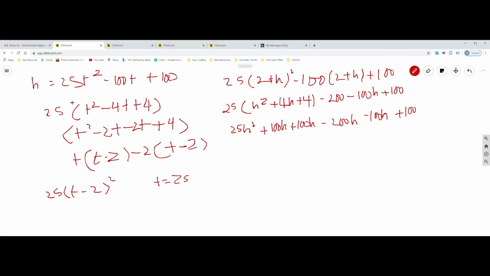If we put 2 in this equation, we get 4, which is 100, minus 200.